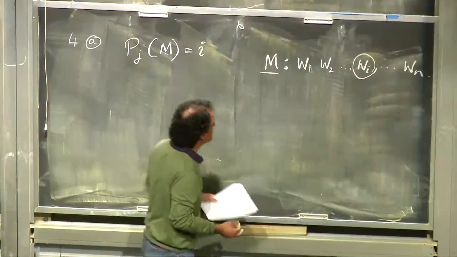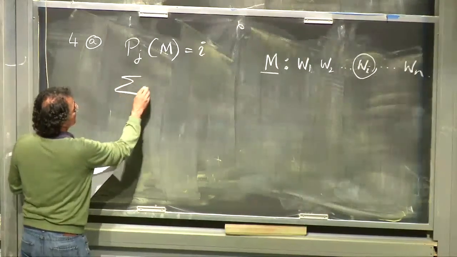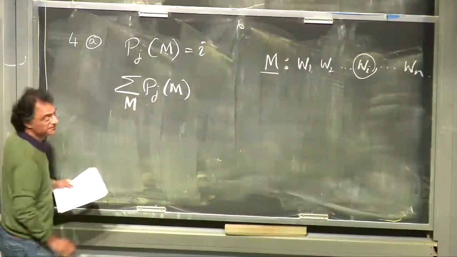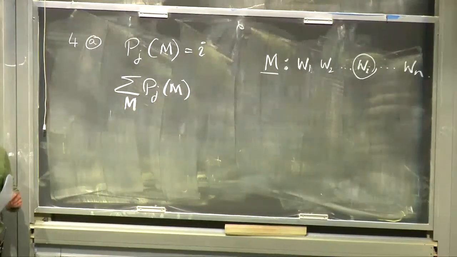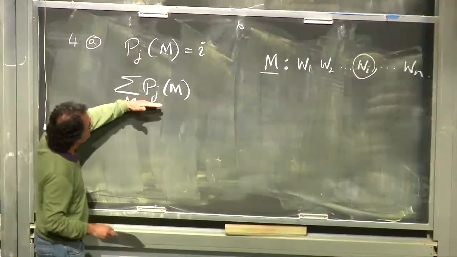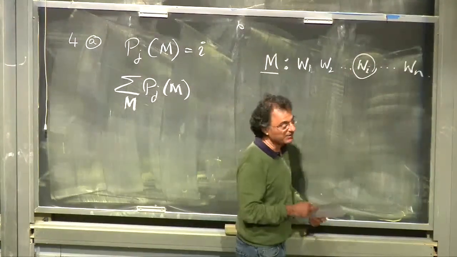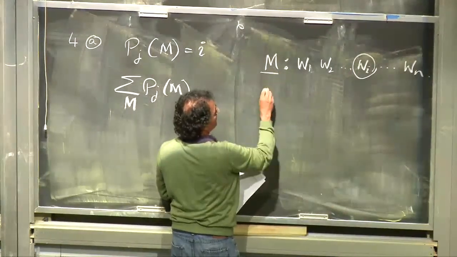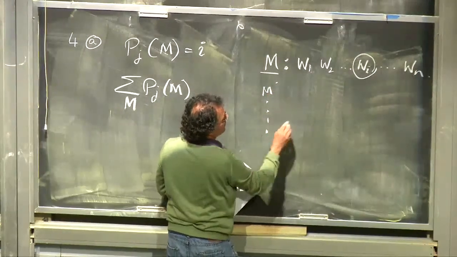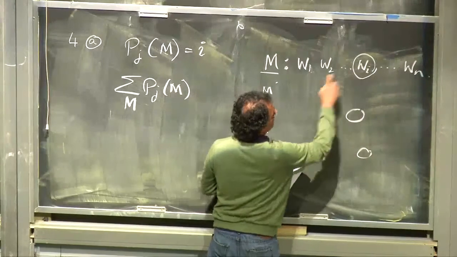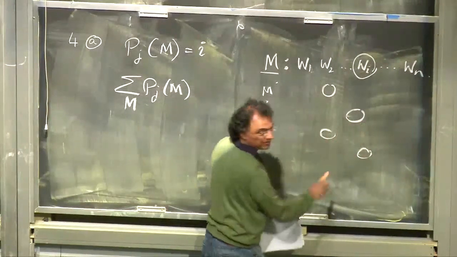Right? And what we did was we summed up P sub j of M over all men M. So we have fixed a day, j, and we've said, what is the rank of all the women who are being proposed to on that day? Right? So you have M, M prime, etc. Each of them have their ranks of women they're proposing to, and you add up this plus this plus this plus this plus this.